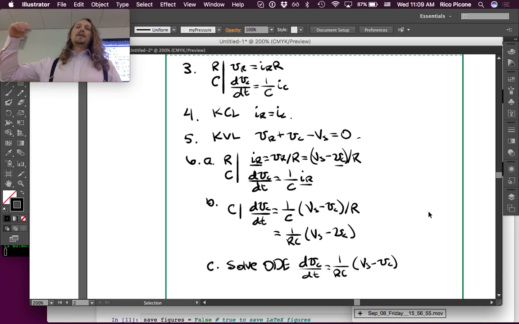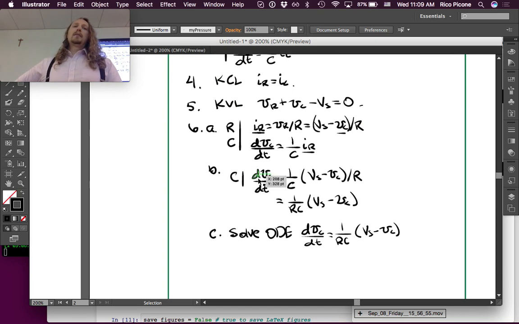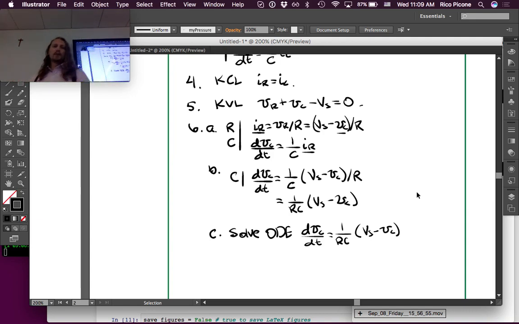A was to eliminate 2 of our variables using KCL and KVL. We did that. And then part B was to eliminate the remaining variable that wasn't showing up in an equation with a time derivative, and that wasn't an input, which was IR. We eliminated IR, and we got this expression.